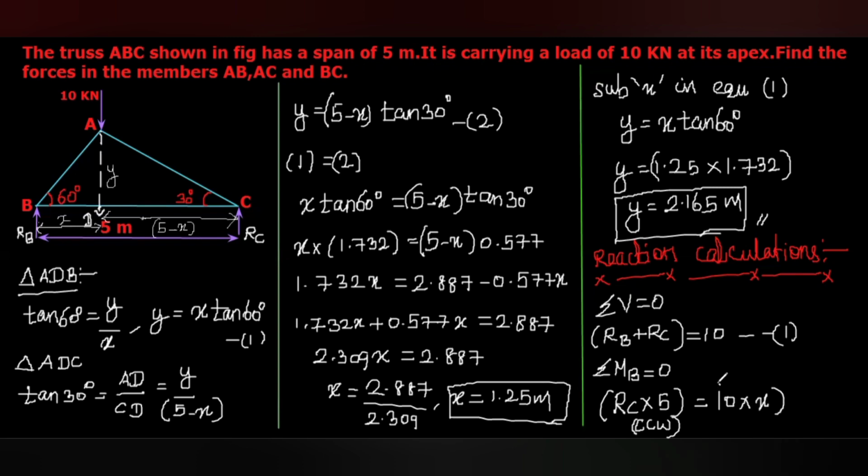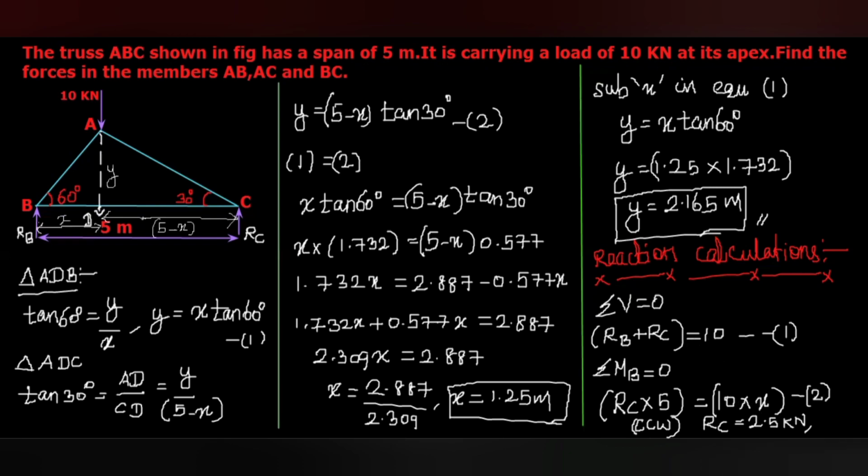The value of X we calculated as 1.25. So by simplifying this, we will get the value of RC equal to 2.5 kilonewton. Then substitute the value of RC in equation 1, that means the first equation.